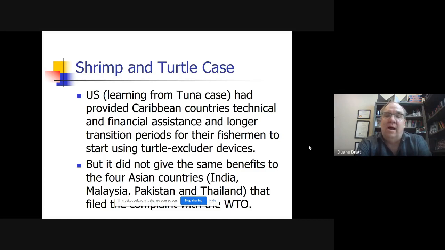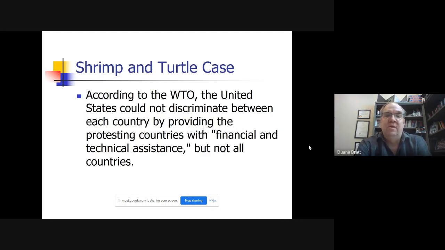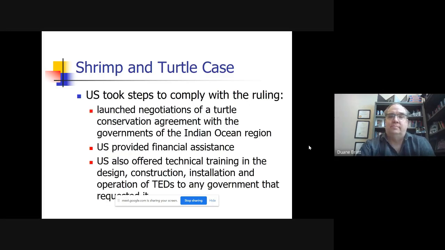And that is why the 4 Asian countries filed suit with the WTO, as they were being treated differently from the Caribbean countries. And so the WTO said that the US could not discriminate between countries by providing some of them with financial and technical assistance, but not all countries with financial and technical assistance.